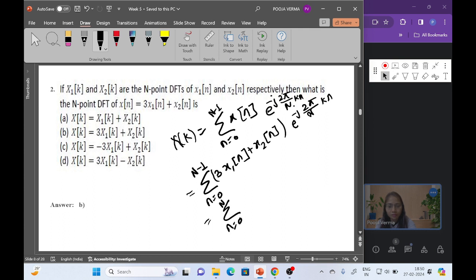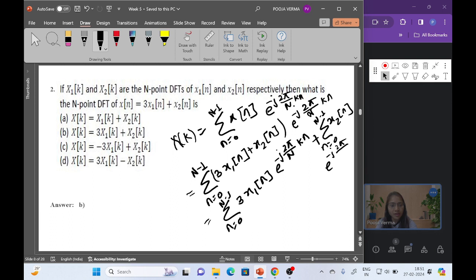Then if we open this bracket, it will go for both: summation of 3x1(n) e to the power minus j 2 pi by N kn, plus summation for n equal to 0 to N minus 1 of x2(n) e to the power minus j 2 pi by N kn.